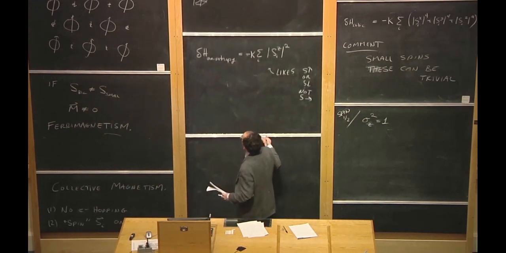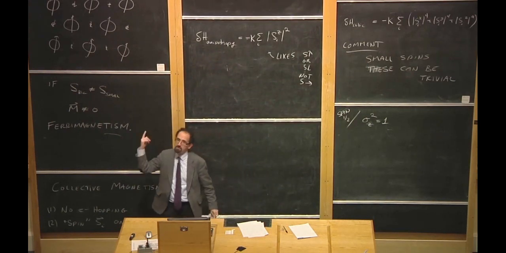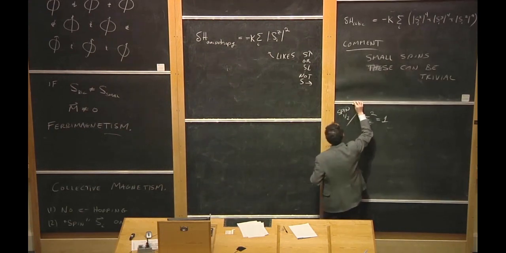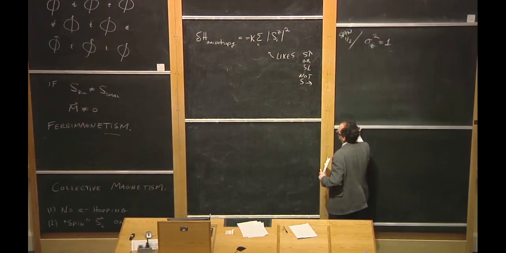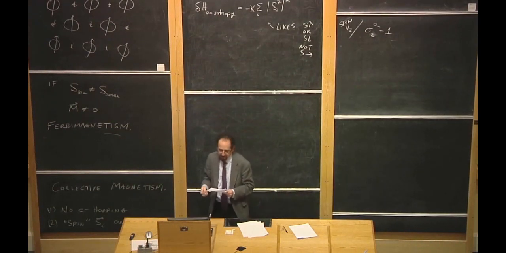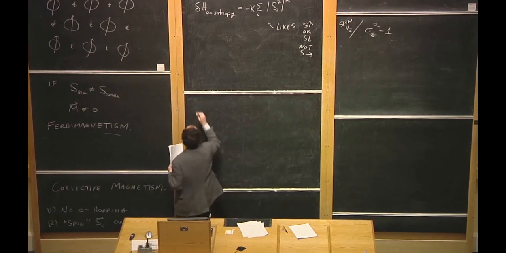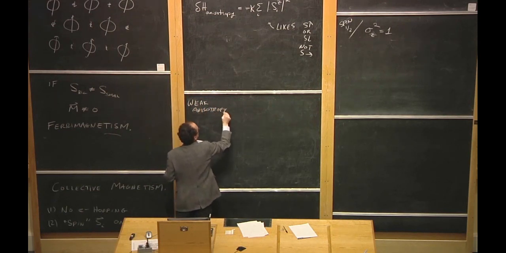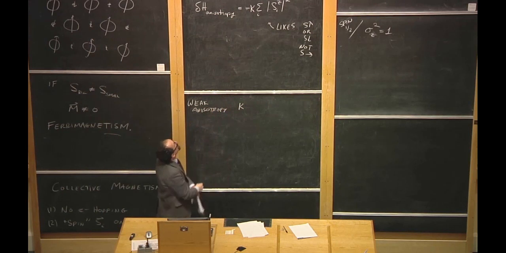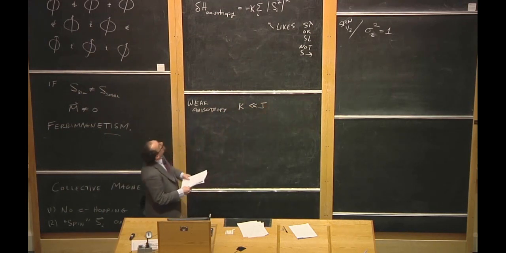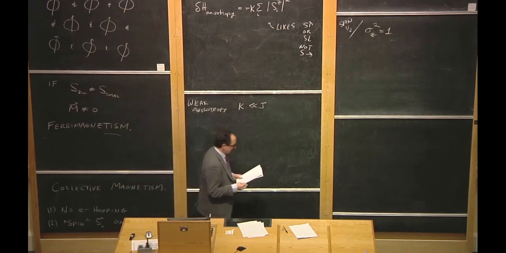So we need to think about this anisotropy, which will prefer the spins to point in some directions over other directions, and we need to think about two possibilities. One possibility is that the anisotropy is strong, and the other is that the anisotropy is weak. Maybe I'll write down the weak case over here. Weak anisotropy, by which I mean that this kappa, the coefficient in the anisotropy term, is much less than J, the exchange constant in the Heisenberg term.